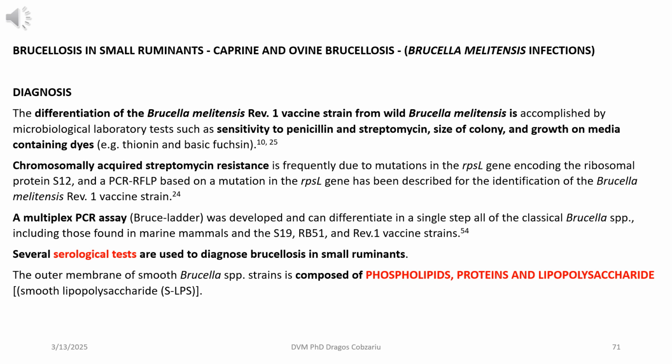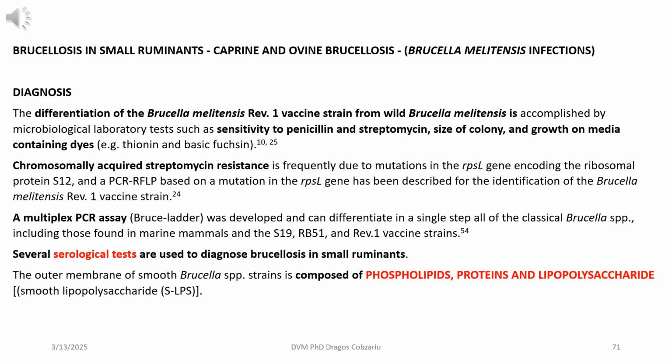Chromosomally acquired streptomycin resistance is frequently due to mutations in the rpsL gene encoding the ribosomal protein S12, and a PCR-RFLP based on a mutation in the rpsL gene has been described for the identification of the Brucella melitensis Rev. 1 vaccine strain. A multiplex PCR assay was developed and can differentiate in a single step all of the classical Brucella spp., including those found in marine mammals and the S19, RB51, and Rev. 1 vaccine strains.